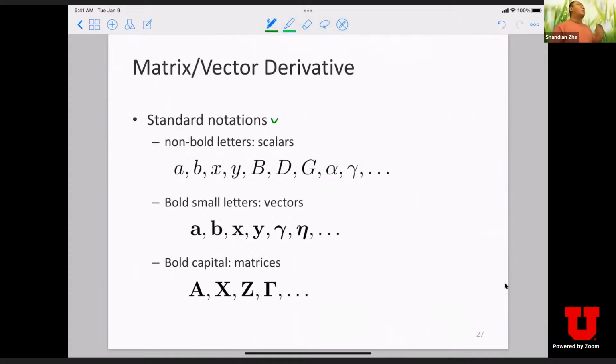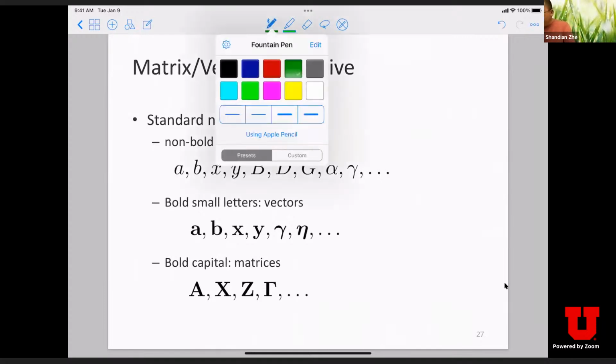Sometimes you might need to deal with tensors, but in most cases we just manipulate up to matrices. How do we differentiate those types of symbols? Usually that's by default, right?